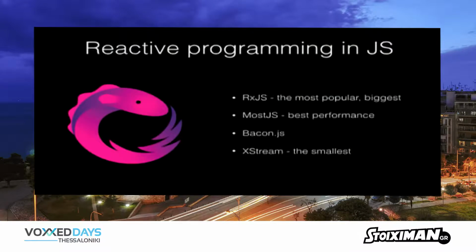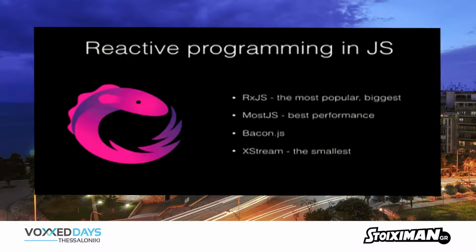So now that we know what reactive programming is and what the pros are, let's see what we have for reactive programming in JS. So I have 4 modules here. First one, of course, RxJS. That's the most popular and the biggest library. RxJS is coming from the ReactiveX community.